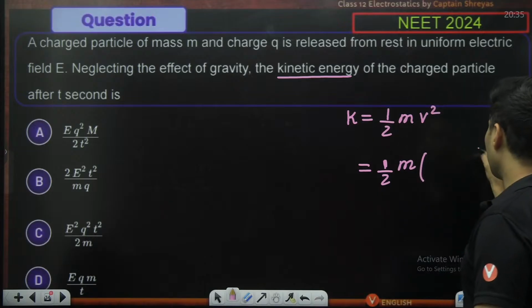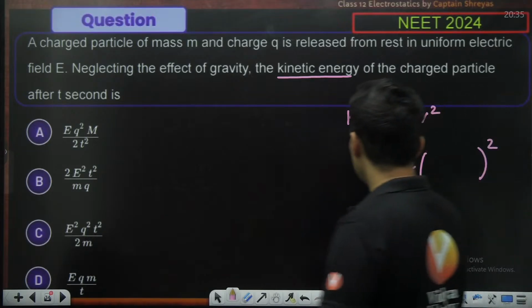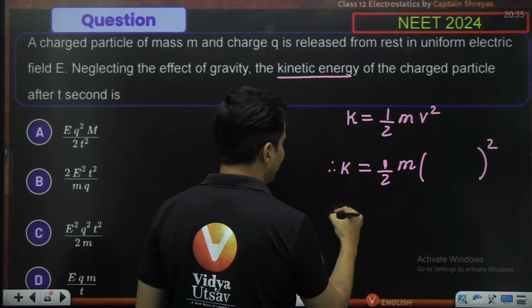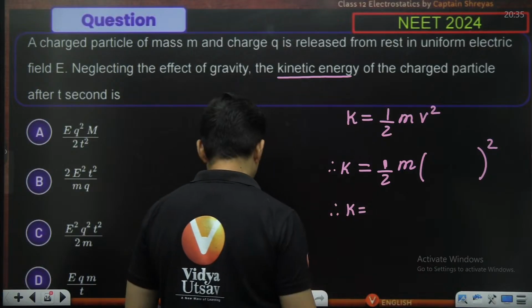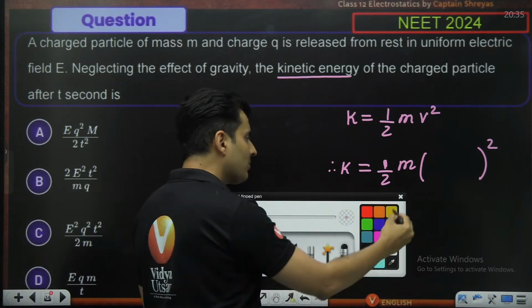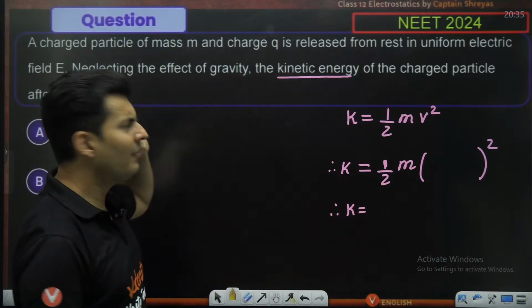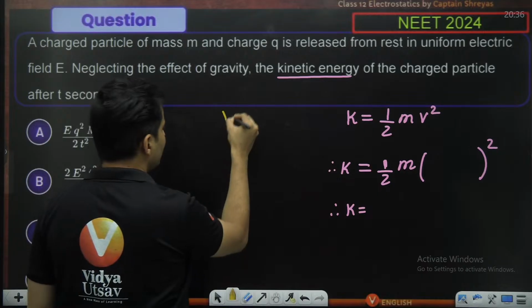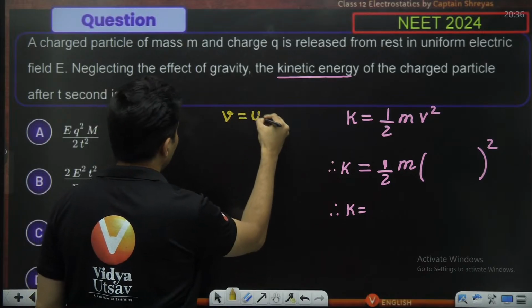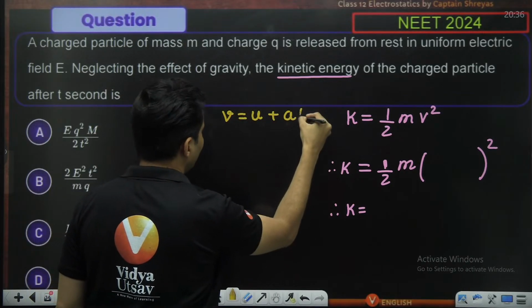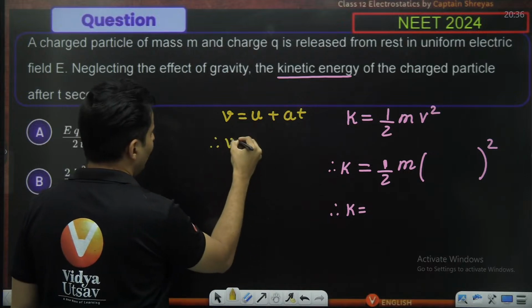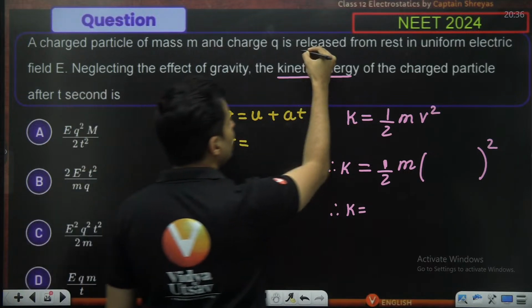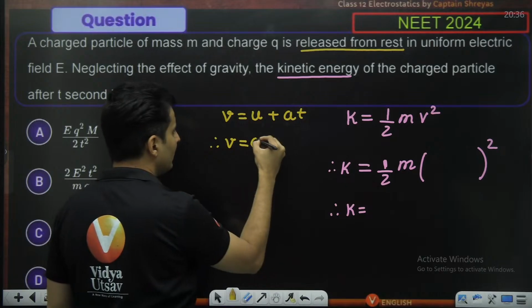That is the problem. If I know the speed, I can immediately get the value of kinetic energy. Oh, okay. So to find speed, I have an idea. If I somehow find acceleration, I can find the speed, because v is nothing but u plus acceleration multiplied by time. And what is the initial speed? Released from rest. That means it is 0.